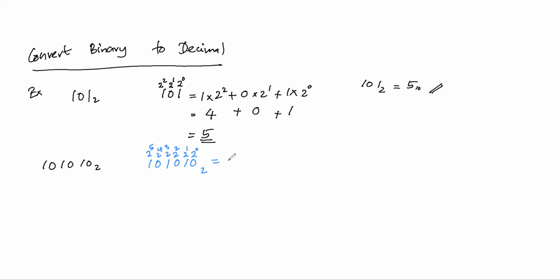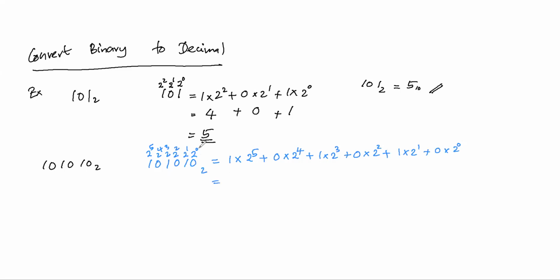So when you write it, we have 1 into 2 to the power 5 plus 0 into 2 to the power 4 plus 1 into 2 to the power 3 plus 0 into 2 to the power 2 plus 1 into 2 to the power 1 plus 0 into 2 to the power 0.